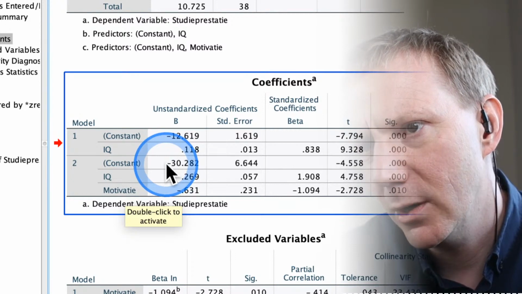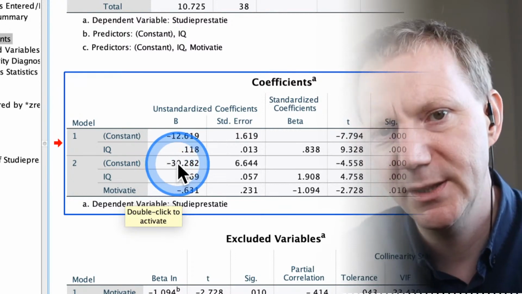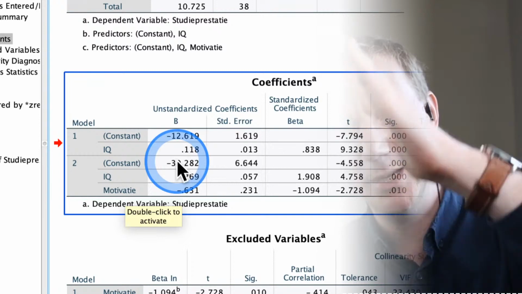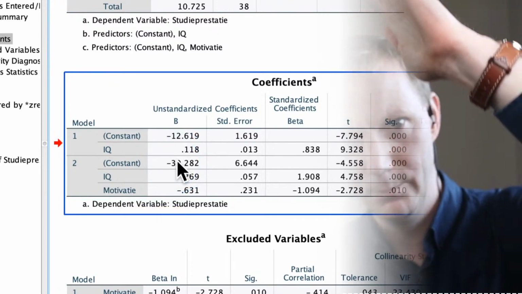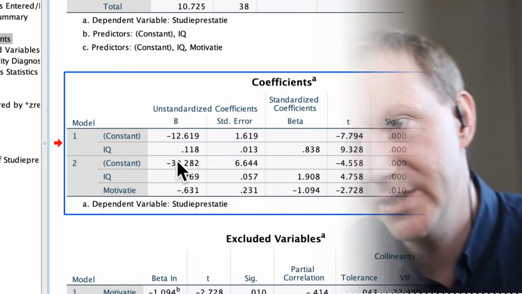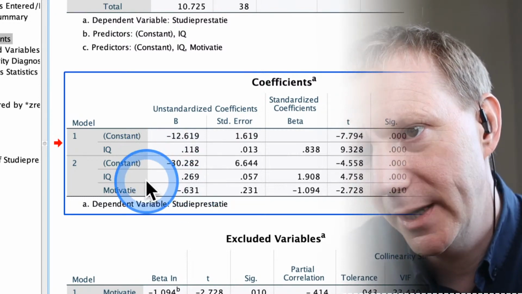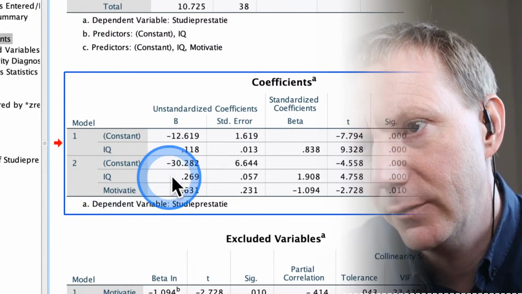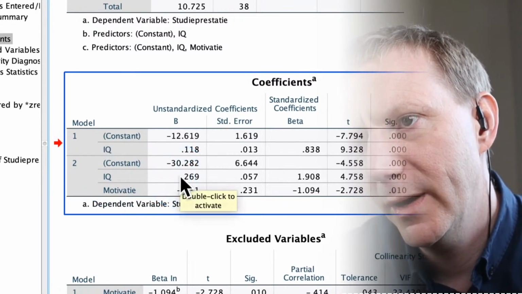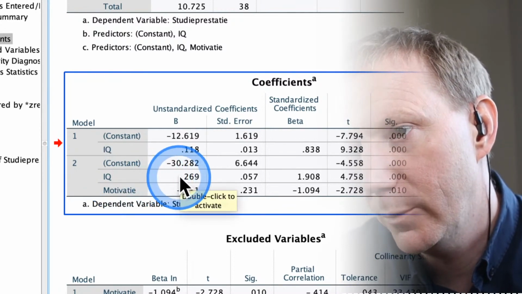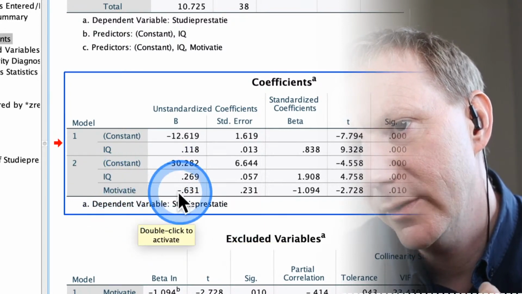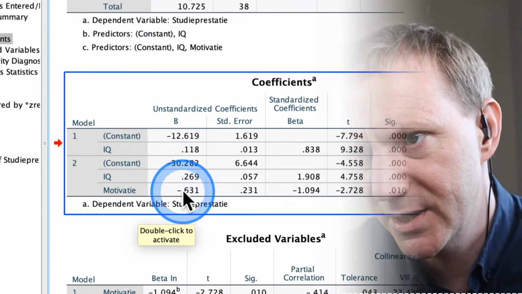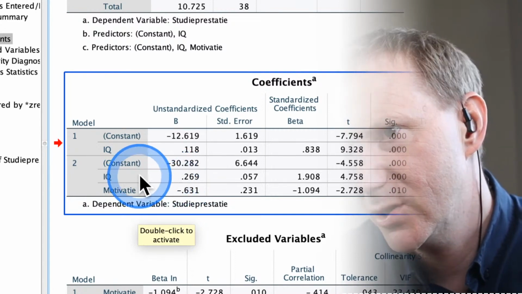So we have a constant of -30. Well, this is not really relevant because it's the place where, if you have all x values on 0, it hits the y-axis. And these are interesting. For IQ, we have a beta coefficient slope of 0.2, and for motivation we have a slope of -0.6. This is strange, right?